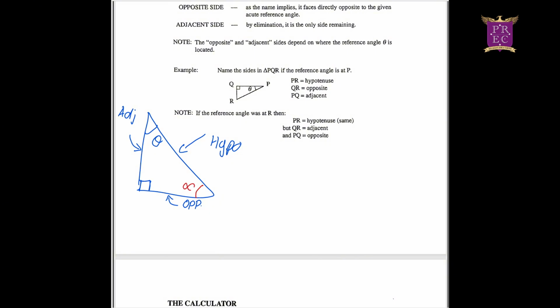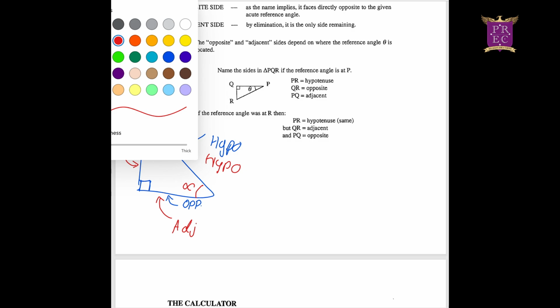If the reference angle was alpha, the hypotenuse will still stay the same because it's always the longest side of the right angle triangle. Yes, this will still be the hypotenuse, but this will be the adjacent, and this will be the opposite. Okay, that's how we change the side lengths according to the reference angle. Okay, let's move on to the next part of the course.